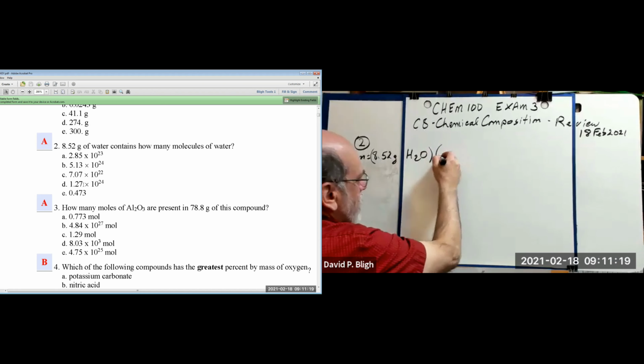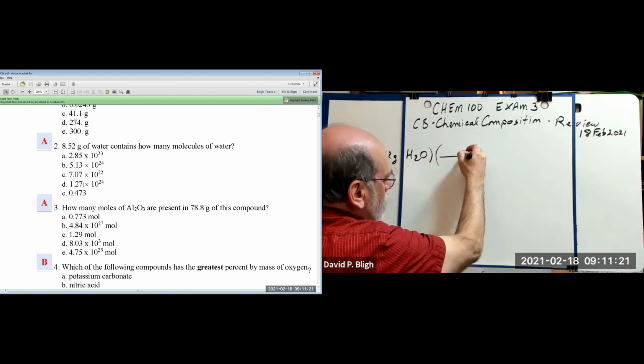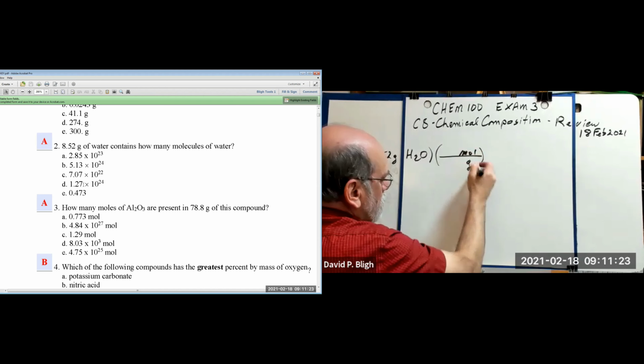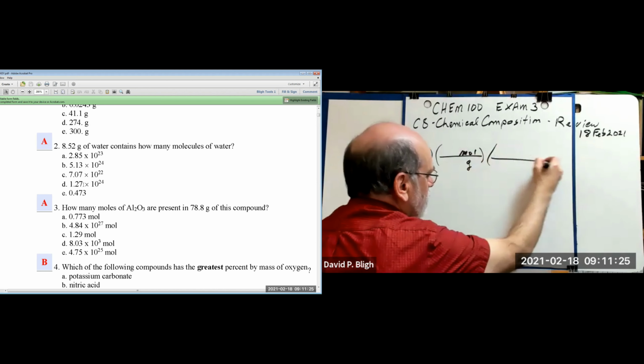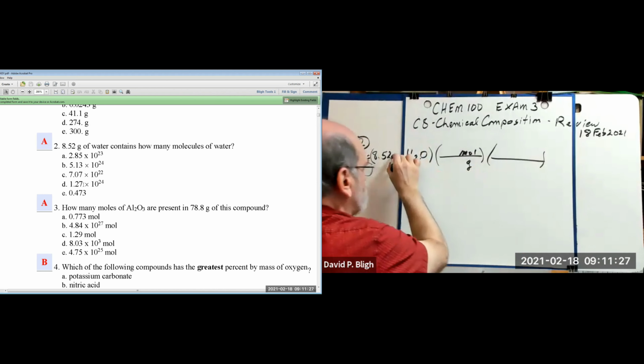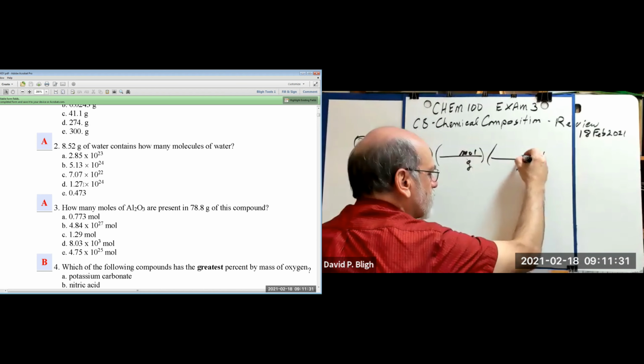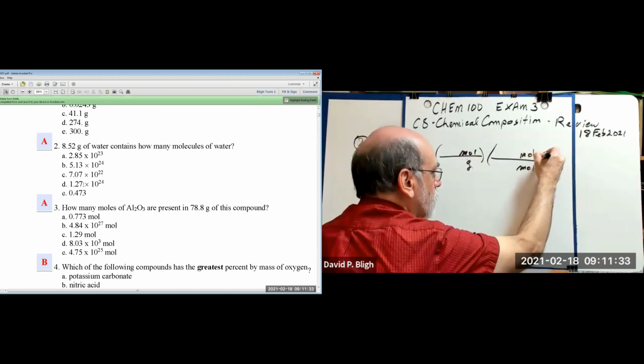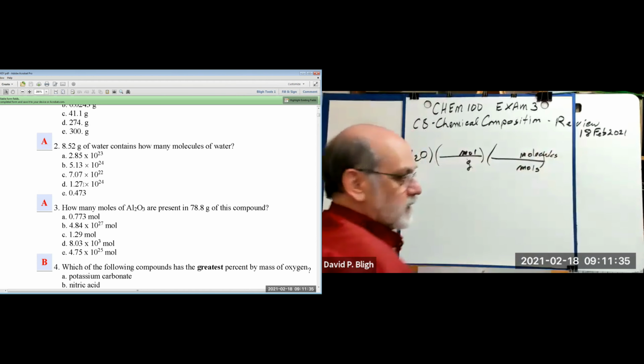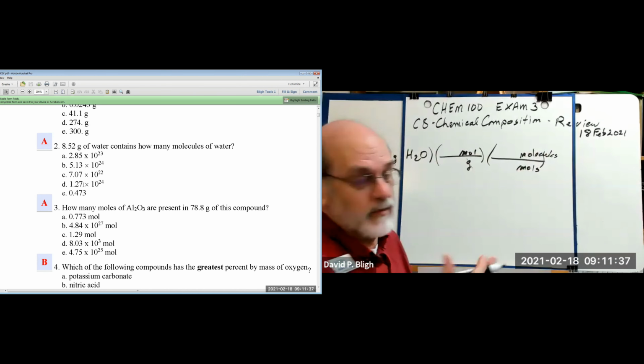So we need moles, right? And then to convert, cancel grams, to convert moles to molecules, you need Avogadro's number.